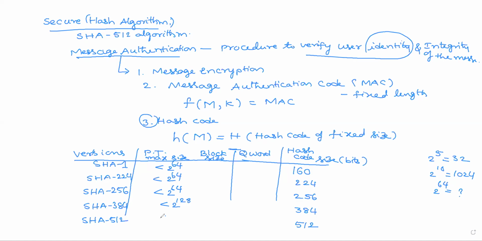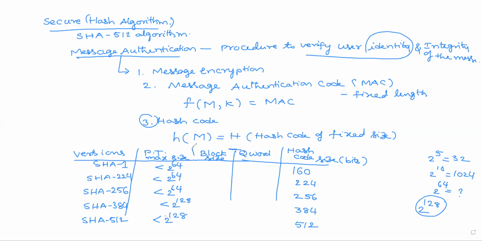And for SHA-512 also, the maximum plain text is 2 power 128 bits. So you see the last two versions actually, the maximum plain text size is 2 power 128 bits. So that is the size of the plain text we are taking.